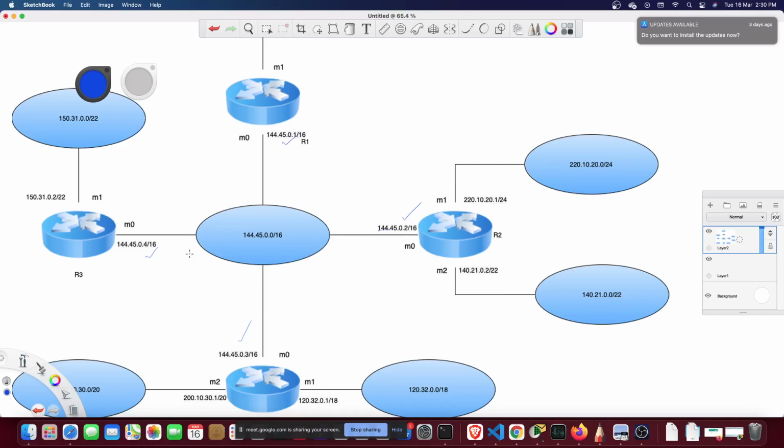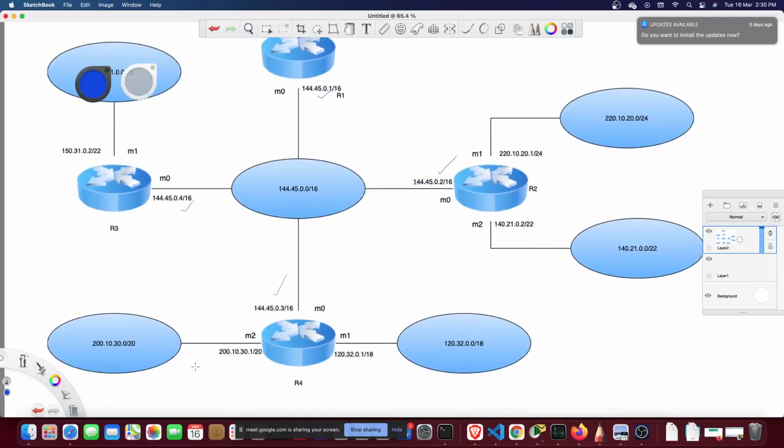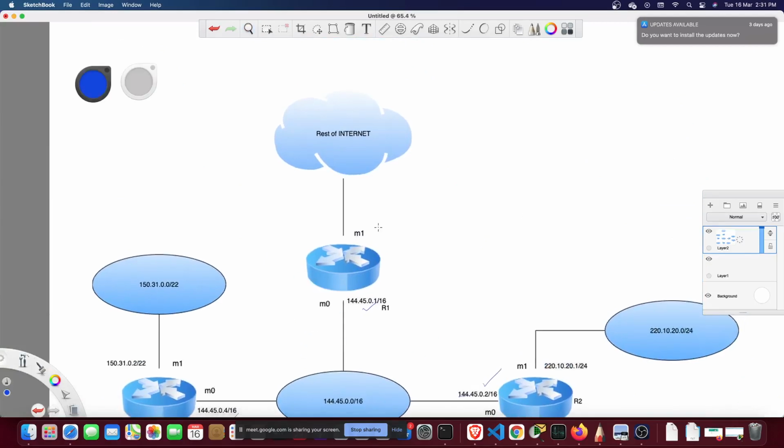Okay. So are you with me? Any questions? Do you have any questions so far? Okay. So we have this, and this router again joins two different networks. And this one is a gateway router.